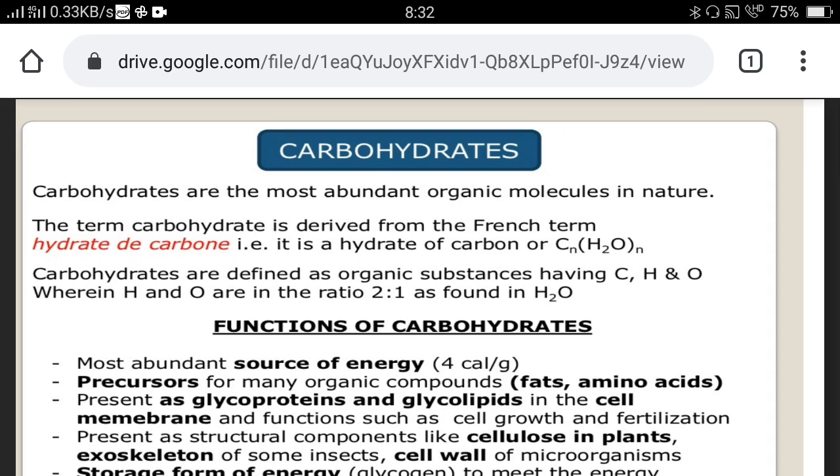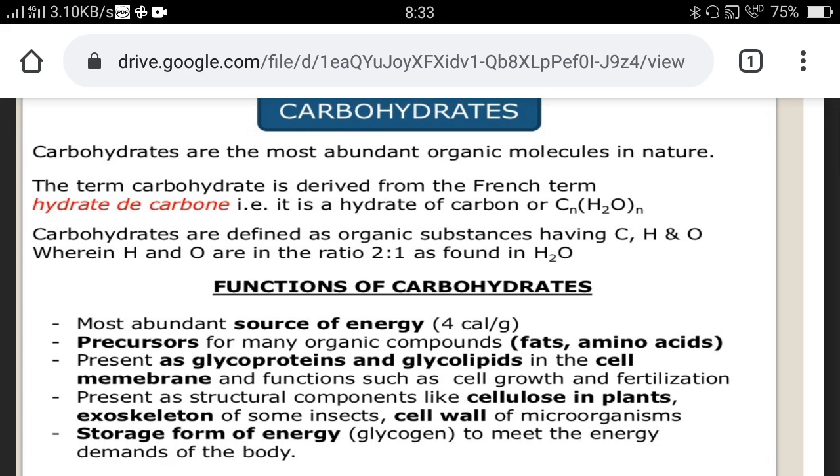The term carbohydrate is derived from the French term hydrates de carbone. It is a hydrate of carbon, or that is Cn(H2O)n. Carbohydrates are defined as organic substances having carbon, hydrogen and oxygen, where H and O are in the ratio of 2:1 as found in water.